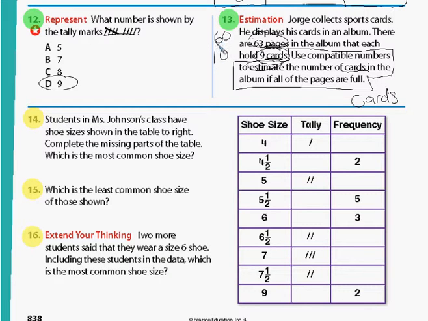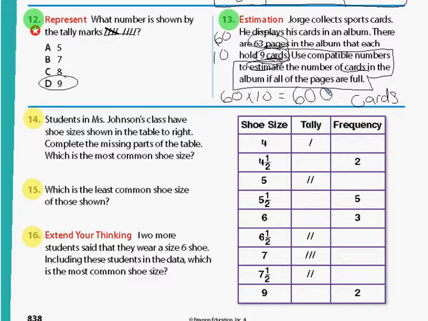It's a multiplication problem, so that's 60 times 10. And we know that that's just as easy as our 10 facts. That would be 600. So there's about 600 cards in his album if it's full.